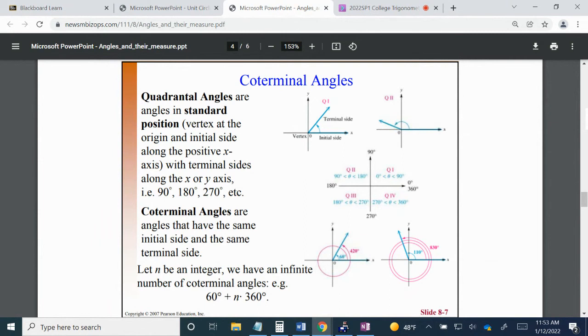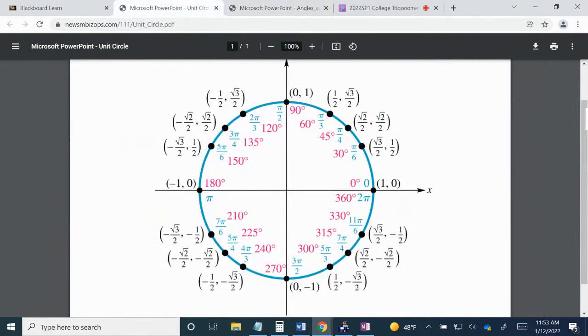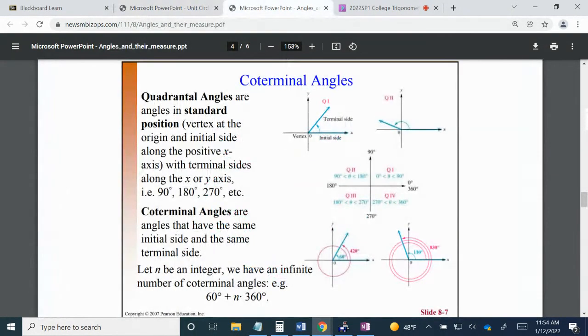So if we take a look at the unit circle, the quadrantal angles would be 0 degrees, because 0 degrees is not in the first quadrant, it's not in the fourth quadrant, it's between quadrants. We have 90 degrees as a quadrantal angle, 180, 270, and one complete rotation, 360. We also have negative 90 degrees, negative 180, negative 270, negative 360.